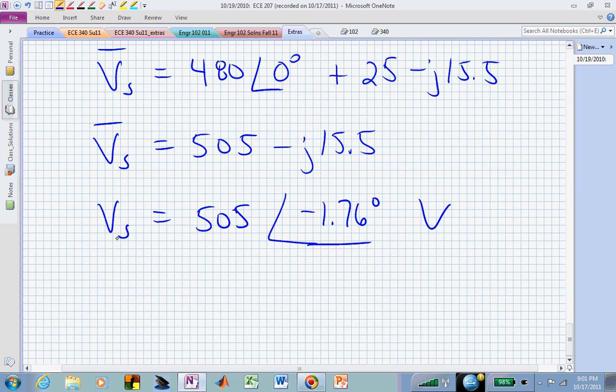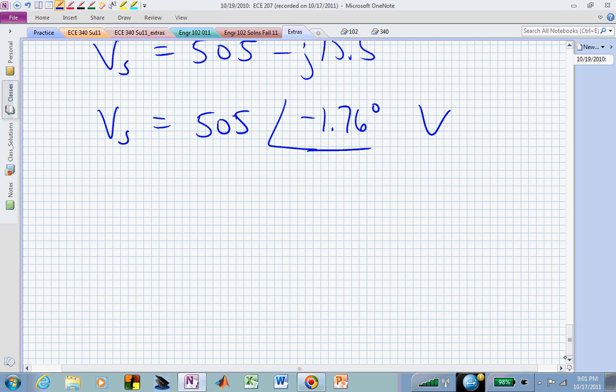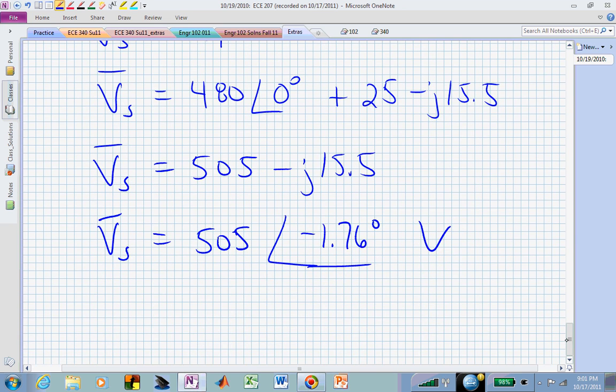And that's now V sub S. The power factor, well, we haven't figured that yet, have we? But now we know what the supply voltage is in rectangular form, and that's in RMS, or in polar form, 505 at an angle of minus 1.76.